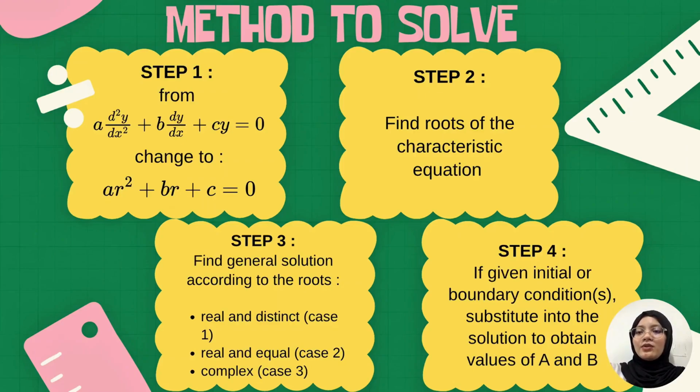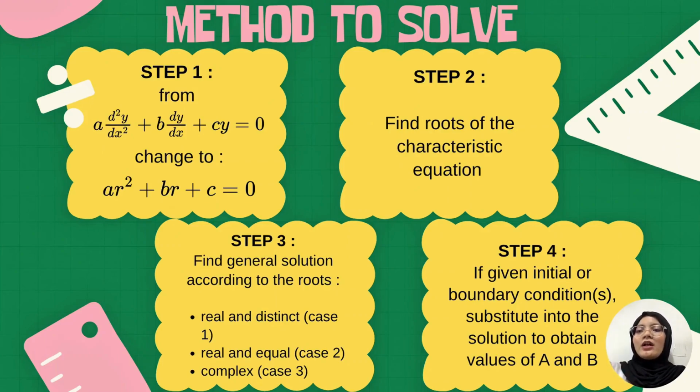Next, for step 2, we need to find the roots of the characteristic equation, which is the auxiliary equation. And next, step 3, we need to find the general solution according to the roots. It has 3 cases. First case is real and distinct, second case is real and equal, and the third case is a complex case.